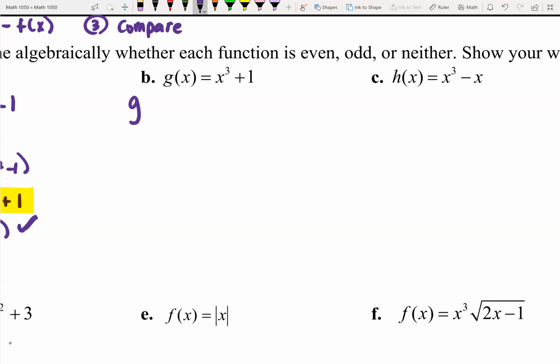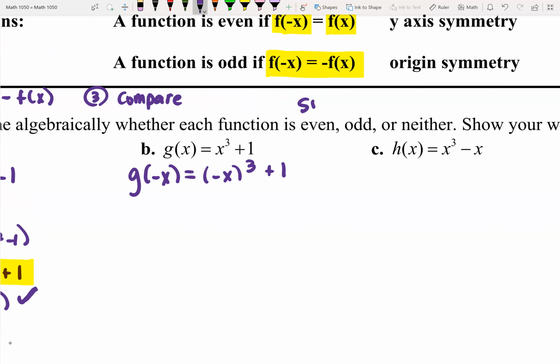Okay, let's do the next one nice and slowly. Everybody go g of negative x equals. All that means is go into that expression where you see an x, in parentheses, put negative x. Everybody in the room answer this question for me. Is that simplified right there? No. Write this up above. Write down simplify.